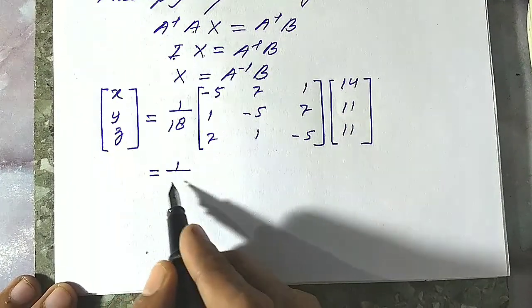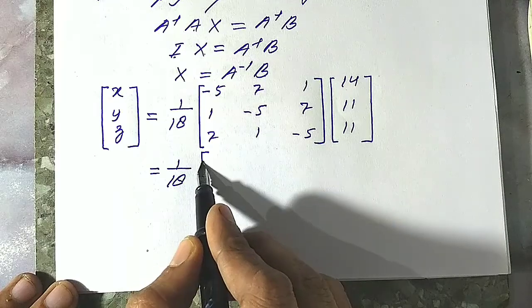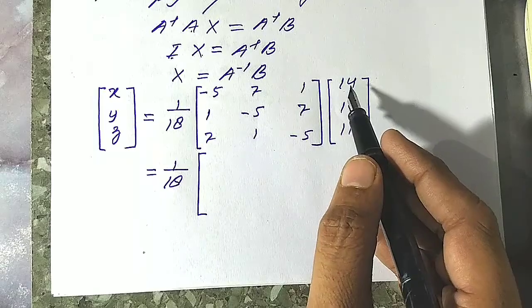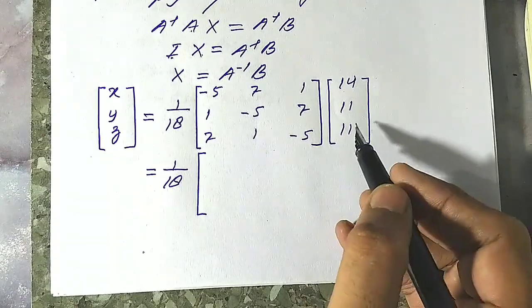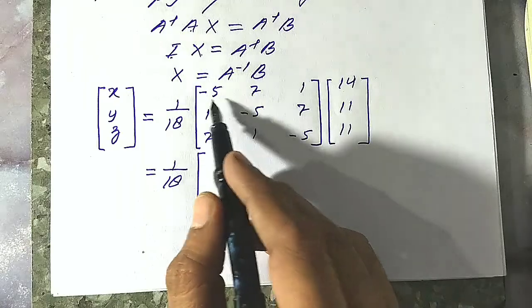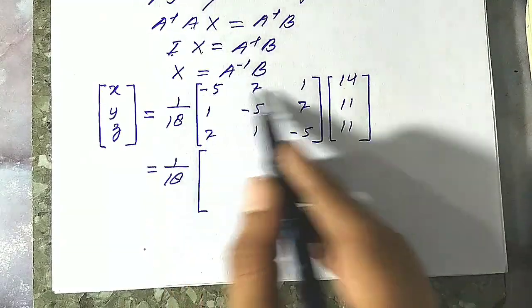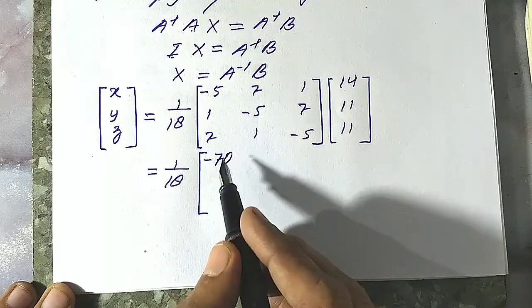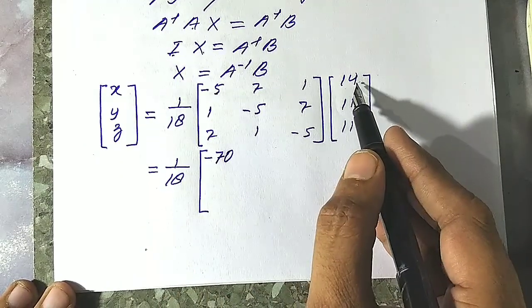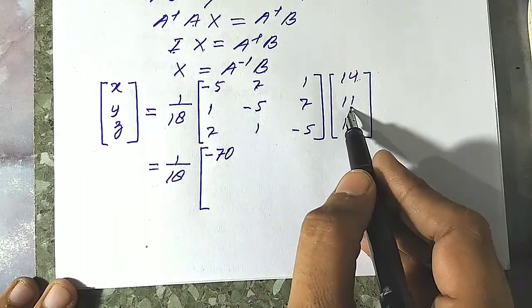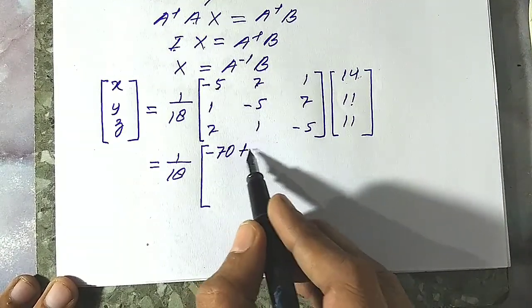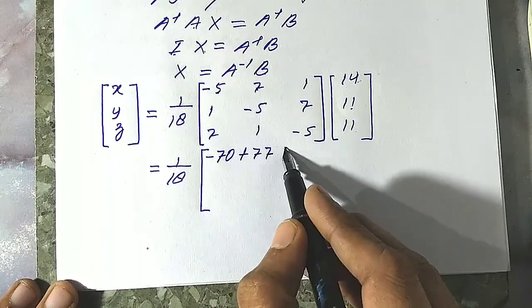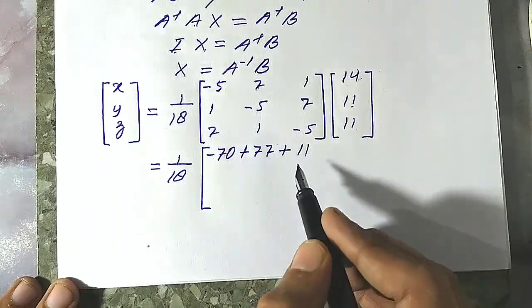Now we just have to multiply these two matrices, 1 upon 18 as it is, and multiply these two matrices. So the first row will multiply the first column, only one column it has. So 14 into minus 5 is minus 70. Minus 5 into 14, minus 70, and plus 7 into plus 11, plus 77. And here 1 into 11, that is 11.